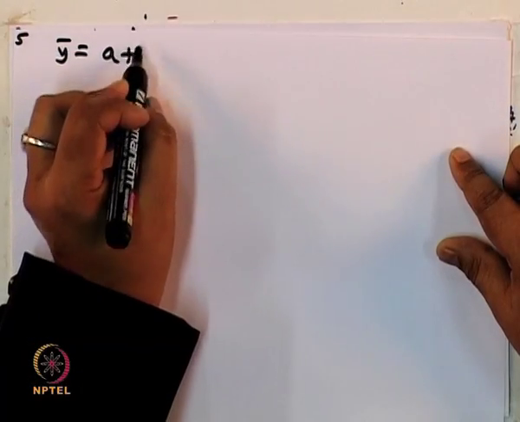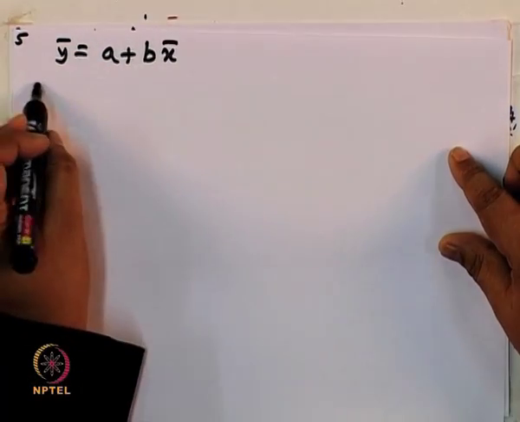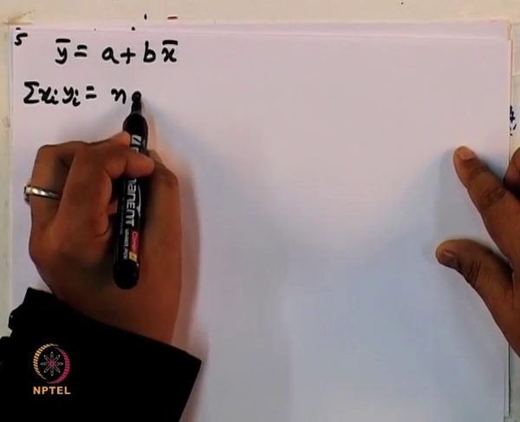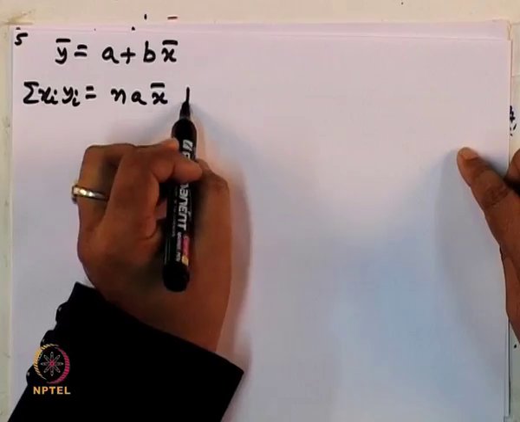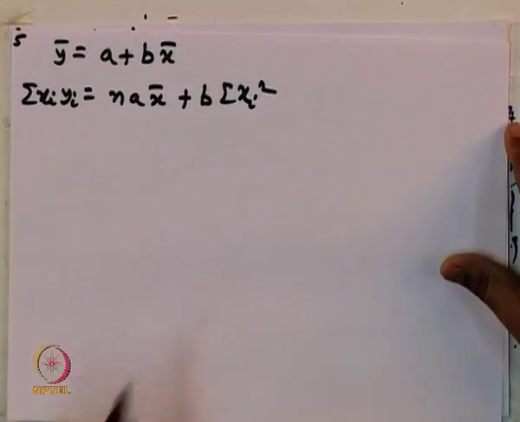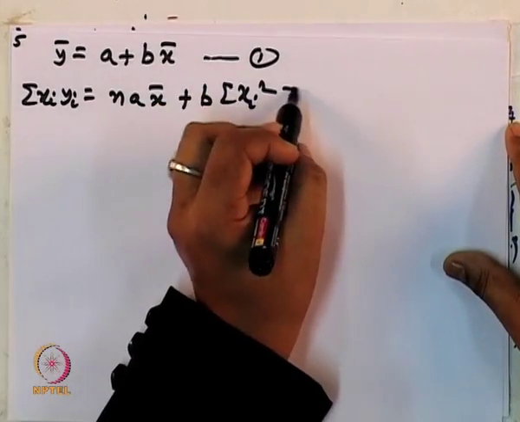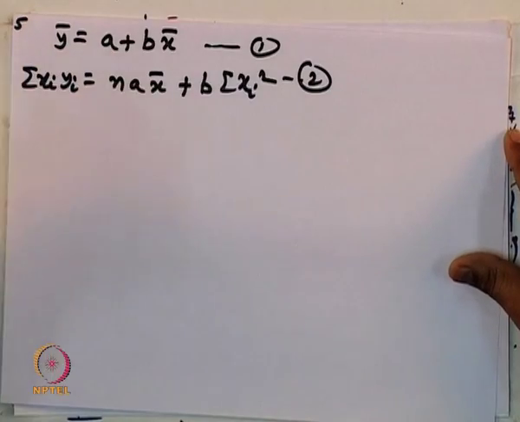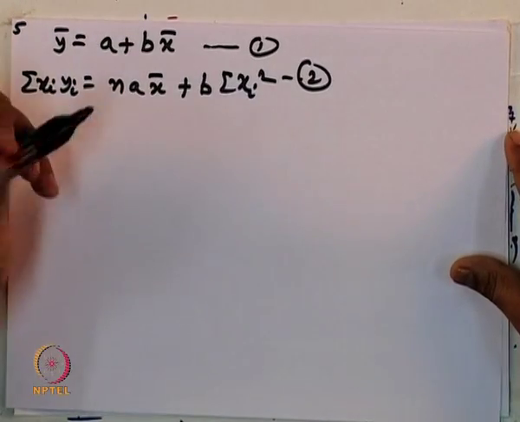So, let me write down the final equations. I have y bar is equal to a plus b x bar, and summation xi yi is equal to n a x bar plus b summation xi square. Okay. So, let us say this is my equation 1, this is my equation 2. I have two equations in two unknowns which are a and b respectively. Now, can I eliminate one?